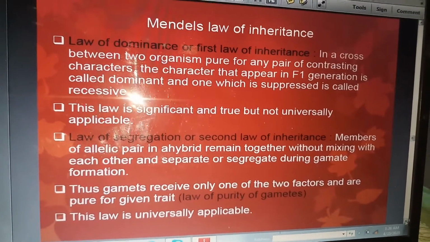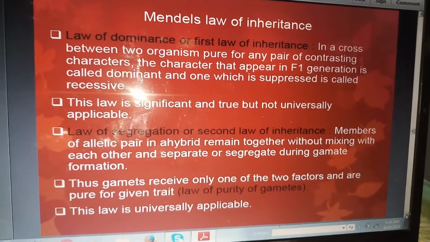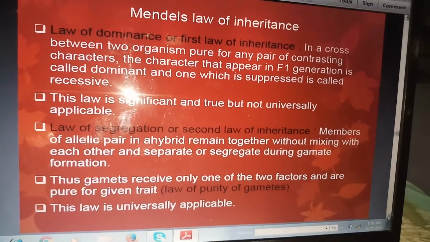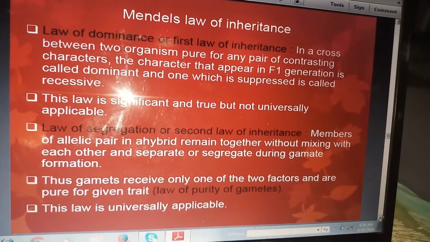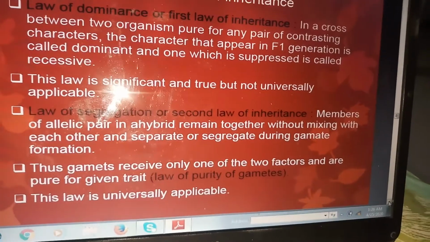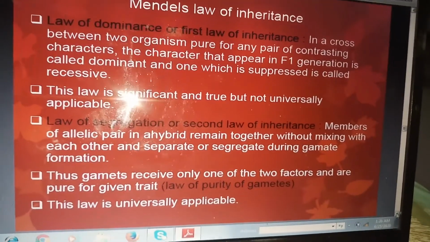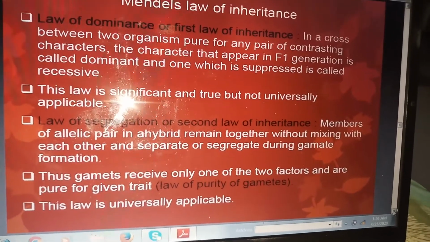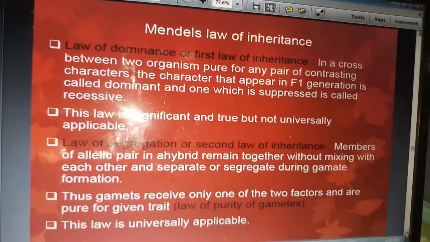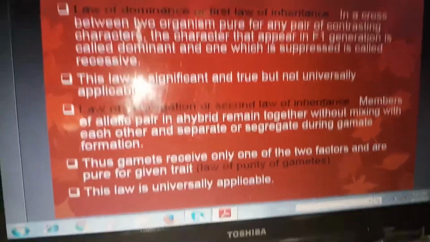Thus, gametes receive only one of the two factors and are pure for a given trait, and this is called the law of purity of gametes. So if the question asks you to define the law of purity of gametes, you have to write this same definition. And this law is universally applicable.